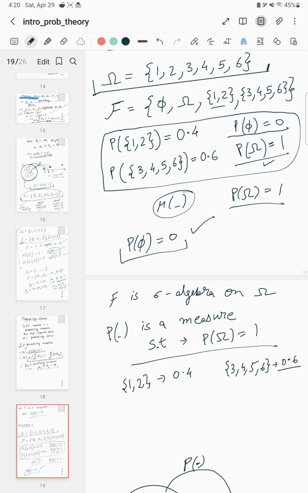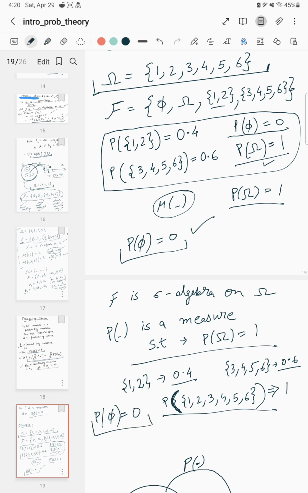So it's not a fair dice. The probability that it will show any of these 6 values is obviously 1, because a dice only has 6 faces, and the probability that it would show no face at all is 0, because that cannot happen.